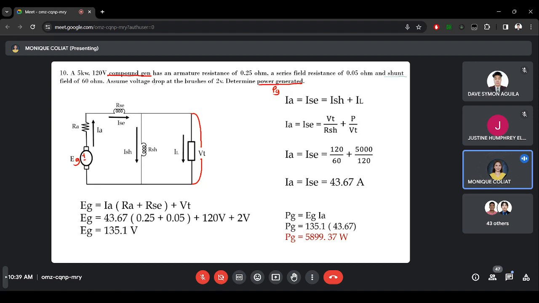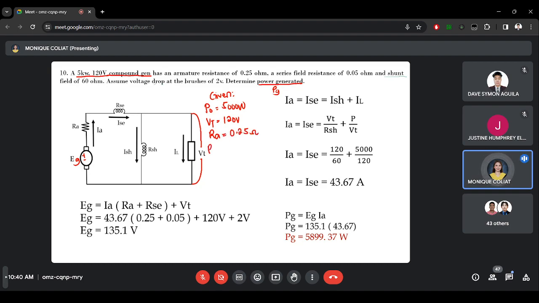Okay, so we have to get all the given parameters. So we have here a rating of 5,000 watts and 120 volts. That means that is your PO and VT. PO is 5,000 watts. VT is 120 volts. Then we have armature resistance of 0.25 ohms.